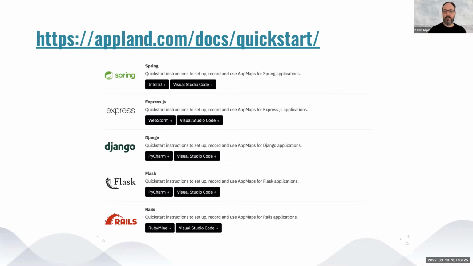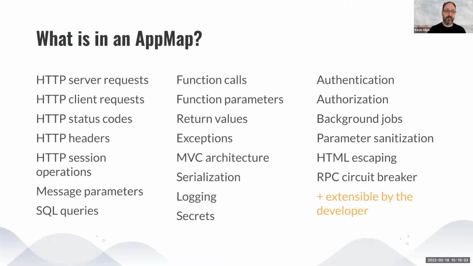And AppMap has a bunch of intelligence or knowledge about these different frameworks built into it so that it can recognize things like this is an HTTP server request or client request. These are the headers. These are queries. This is the model view controller architecture, and here are those layers. Here's where the app is performing serialization or handling secrets or starting a background job or authenticating the user.